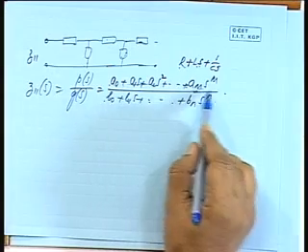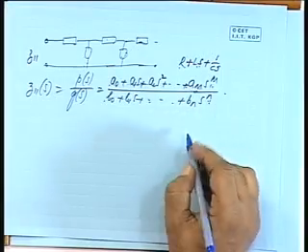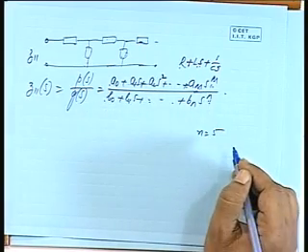Can you have an impedance, say, what can be the possible difference between m and n? Suppose n is 5, then what could be the possible value of m?